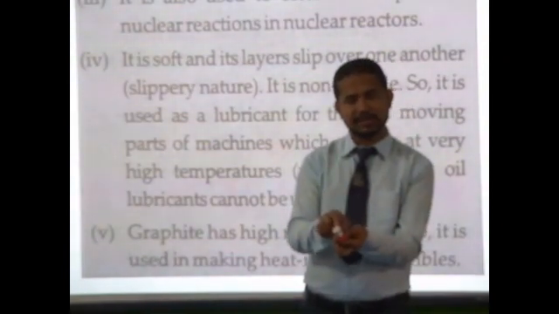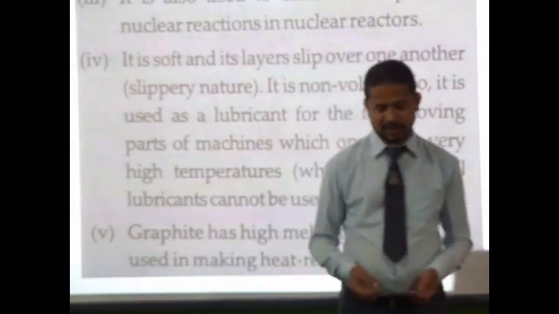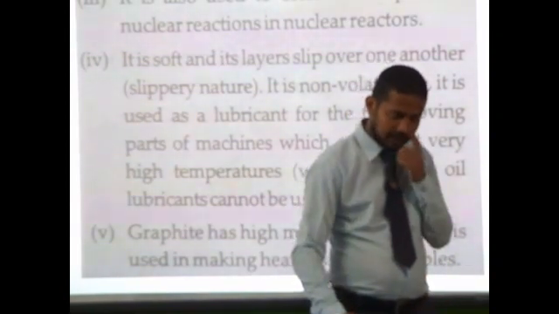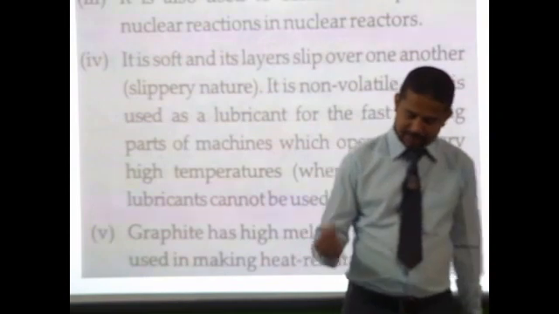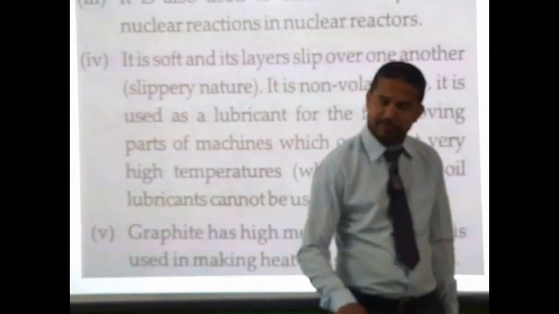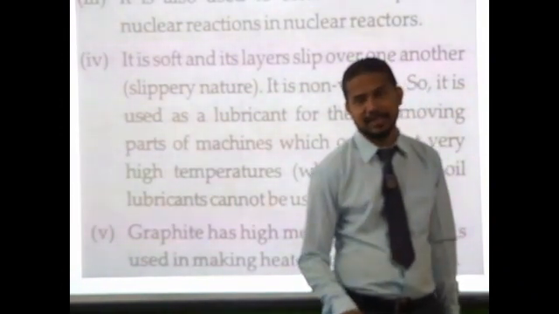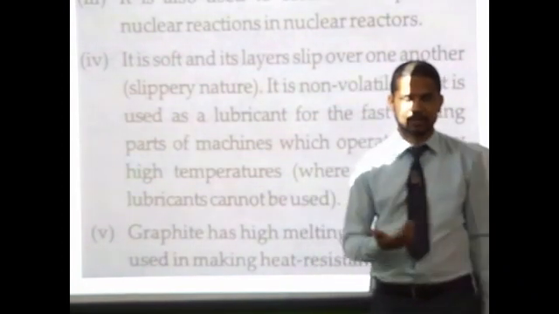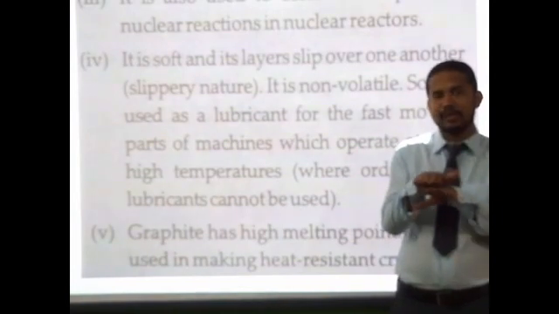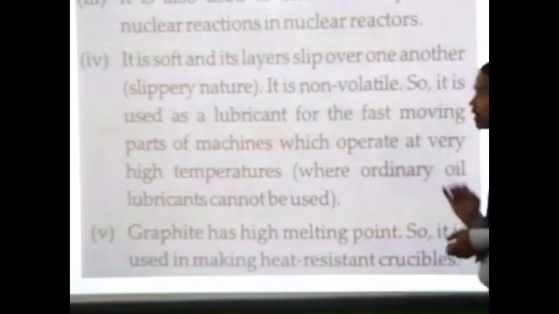You can rub your pencil lead on the bench and then rub it with your finger, and you can see that it is slippery. Not only that, it shines also. Why is it slippery? Because atoms of carbon can slide over each other in graphite.